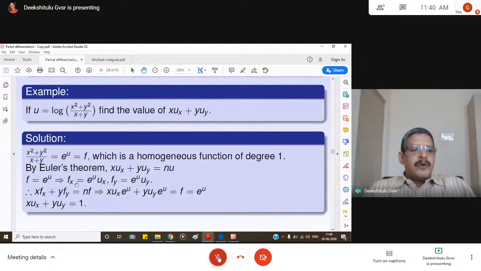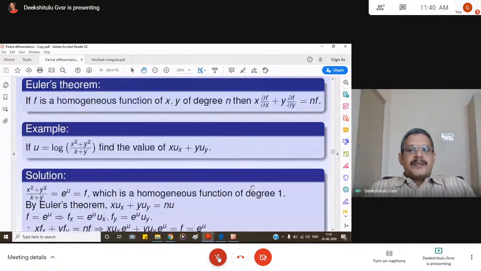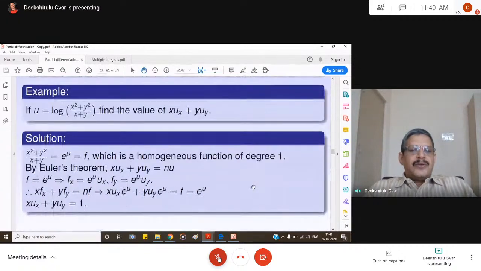What is dou f by dou x? e power u into dou u by dou x. Dou f by dou y is e power u into dou u by dou y. So x f_x plus y f_y becomes x u_x e^u plus y u_y e^u, which is equal to n into f. This is how we do this problem.